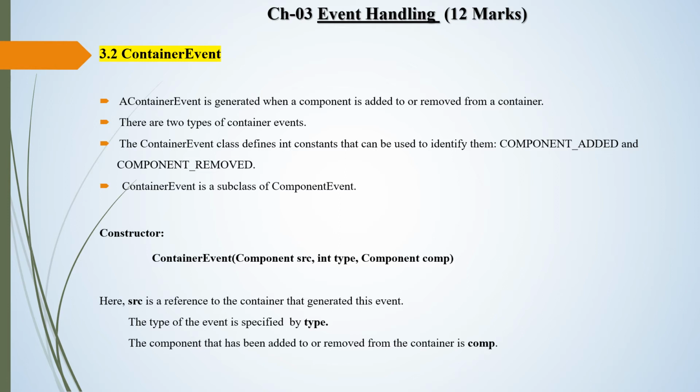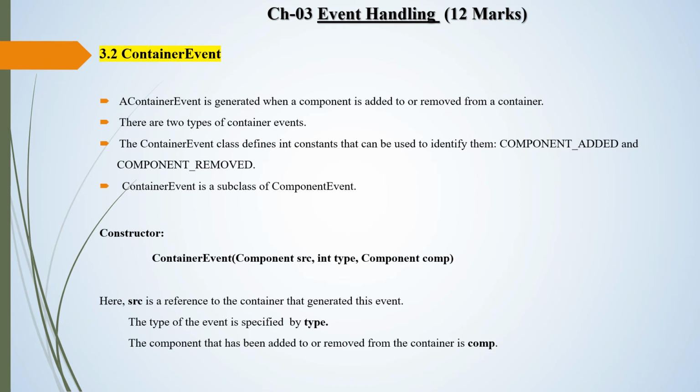Then the type of event is specified by the type. So in the second parameter we can pass the COMPONENT_ADDED or COMPONENT_REMOVED constant to identify the event. And the third parameter, component object, is the component that has been added to or removed from the container. So the first parameter is the object of the container, and the last one is the component which is added or removed.